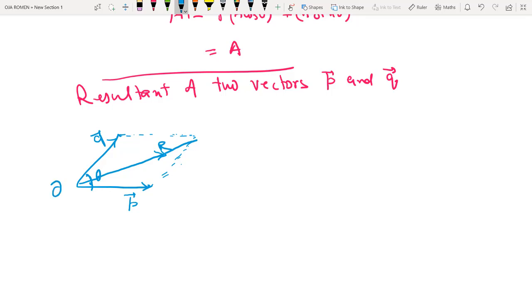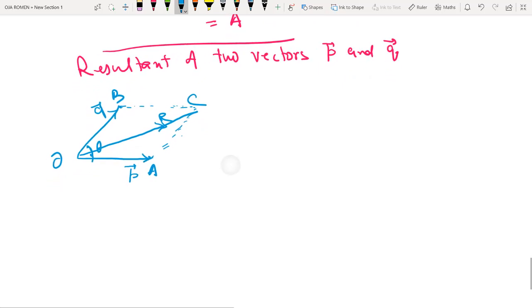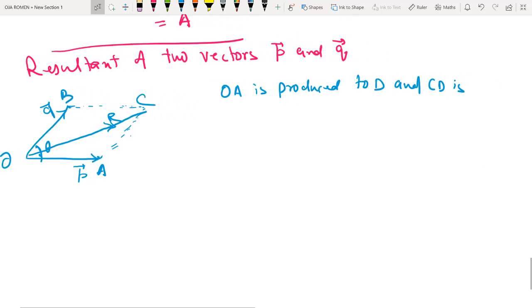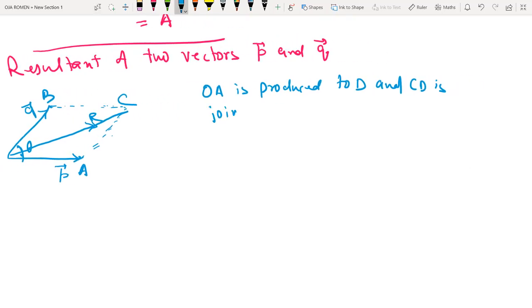And let this be O, A, B, C. Now OA is produced to D and CD is joined. This angle is theta.